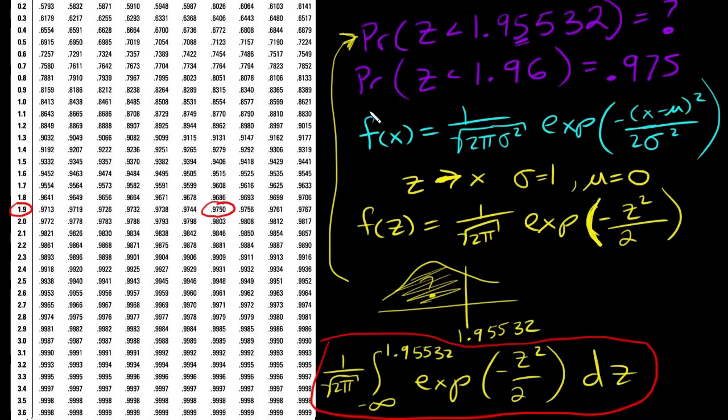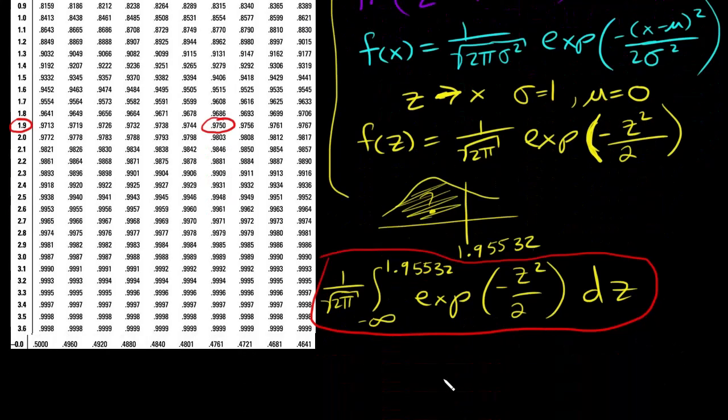And this is where you'll run into a problem. Because if you try to solve this integral, it looks simple enough, right? But remember how to integrate when you have e to the power of negative z squared. You go ahead, I highly encourage you to try. You will run into problems, and so that's what's going on here.